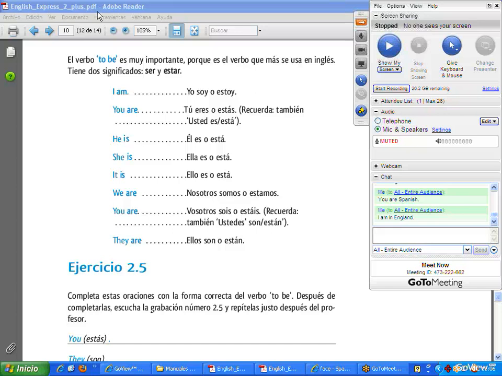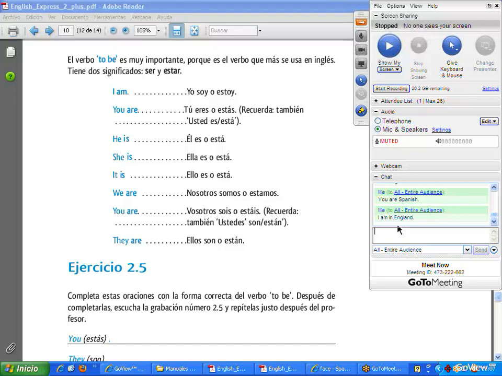Now, I'm going to tell you something because it's not all so easy. For example, if I say María tiene 20 años. Tiene is a verb, tener, to have, in English. We're going to look at it in the next lesson.